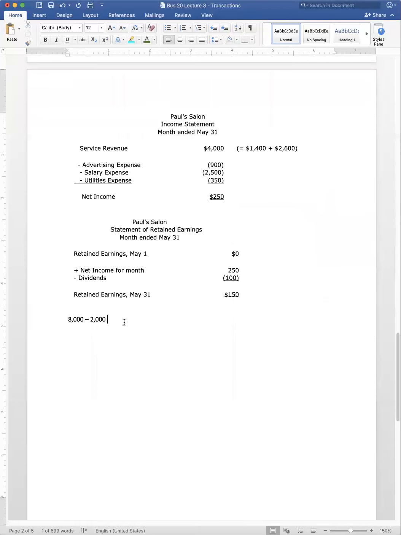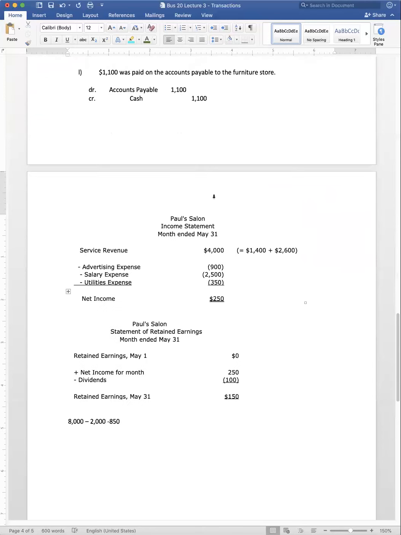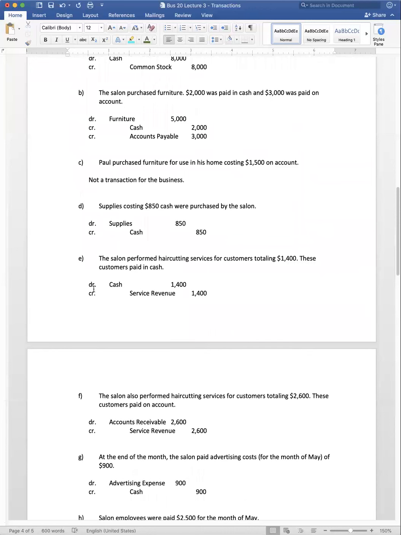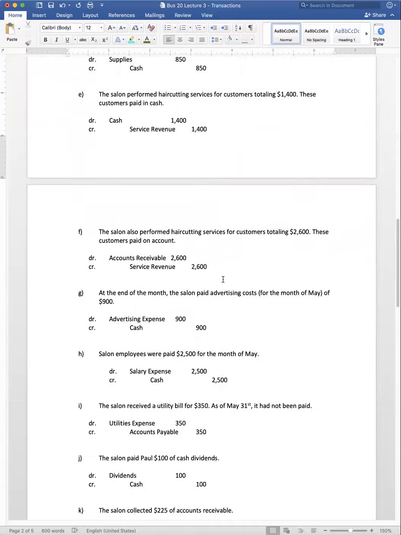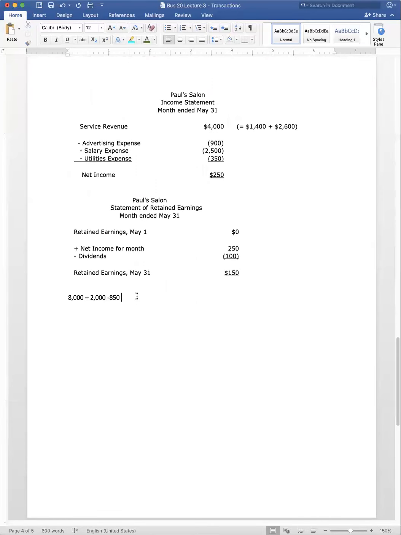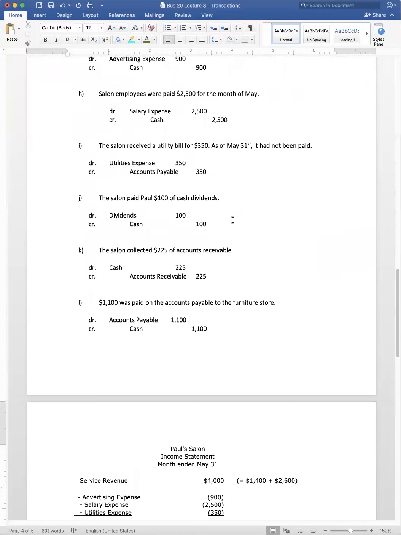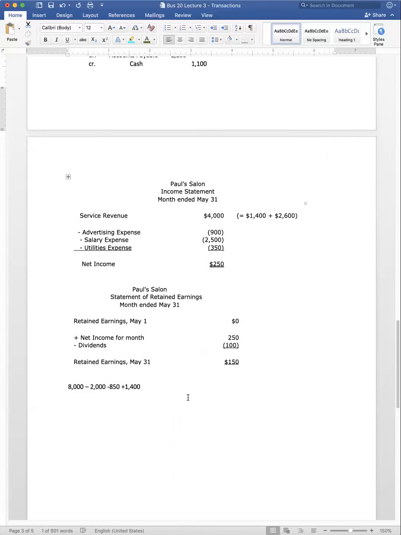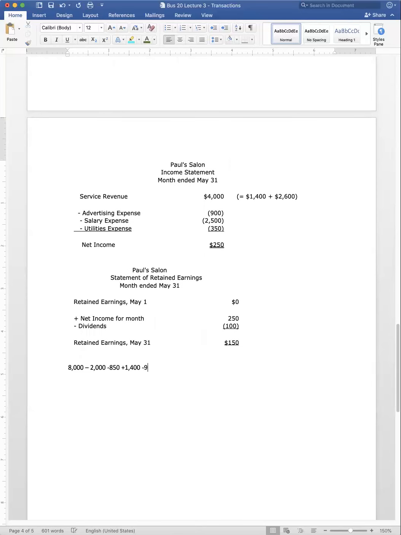So we're going to decrease cash by $850. And then let's see, in E, we earned cash. So cash increased by $1,400 when customers paid us. So we're going to add that $1,400. All right, let's keep going. So in F, no cash. In G, we paid $900 of cash for advertising. So we'll decrease by $900.